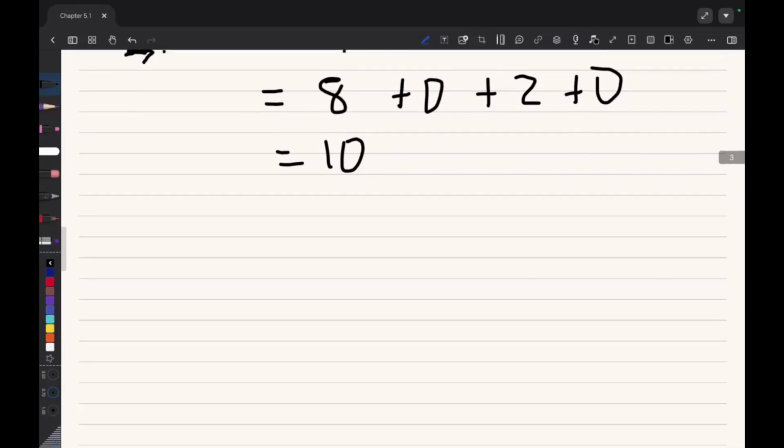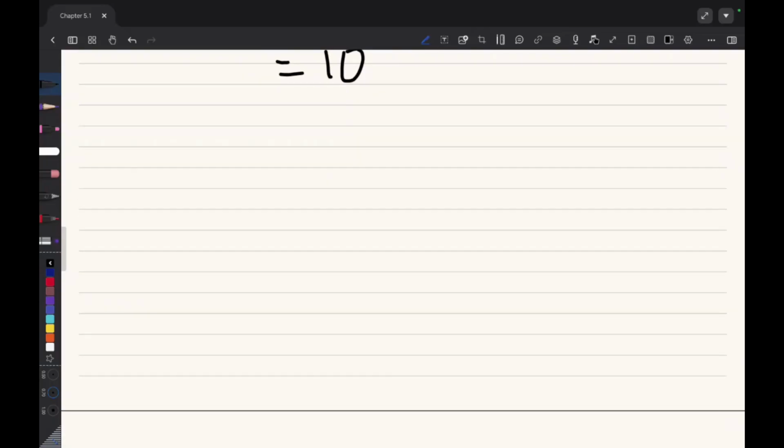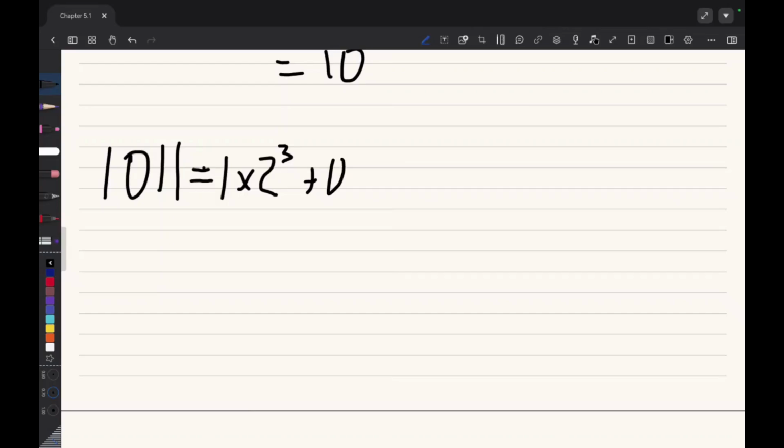Now, let's do another example. Well, the last example. The other ones, you'll try them out. We have 1, 0, 1, 1. We need to convert it to decimal. You do the same thing, n minus 1, and so on. So the highest is going to be 3. So it's 1 times 2 to the 3, plus 0 times 2 to the 2, plus 0 times 2 to the 1 plus 1.